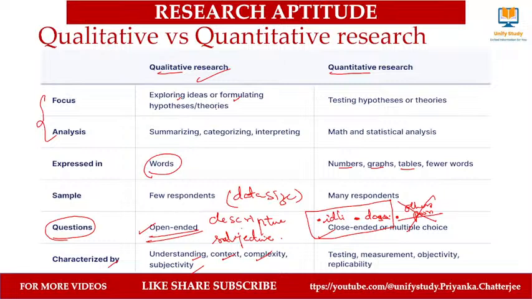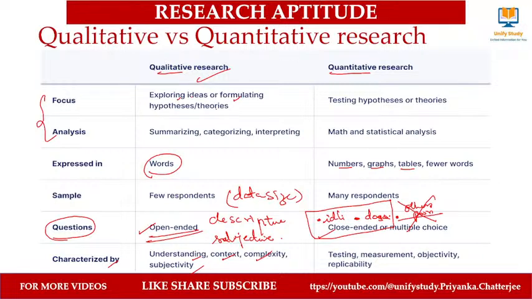Hence it is descriptive in nature. You come and ask me about my city, I'll tell my own point. Similarly, you ask 10 different people, and their viewpoints will be collected, and each one's viewpoint will give you more ideas. I can explore more ideas and formulate my hypothesis and theory based on the things you have got from me. That is the focus of qualitative research.